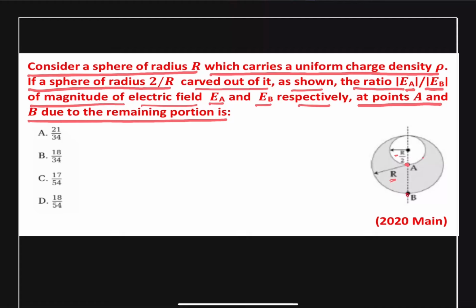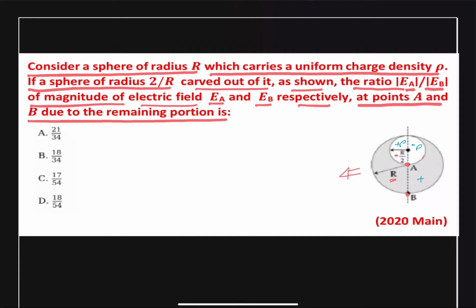So in this case we can redraw this figure, and for that we consider that the removed portion is having a charge density of plus sigma as well as minus sigma. And our complete sphere is already given, that is our plus sigma.